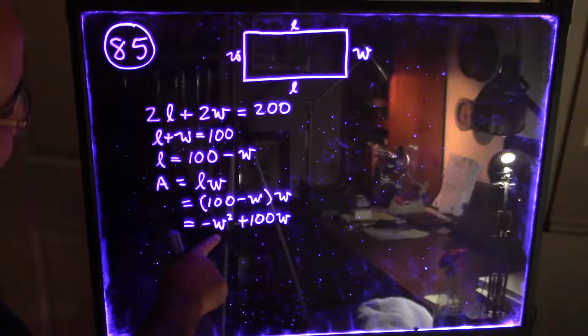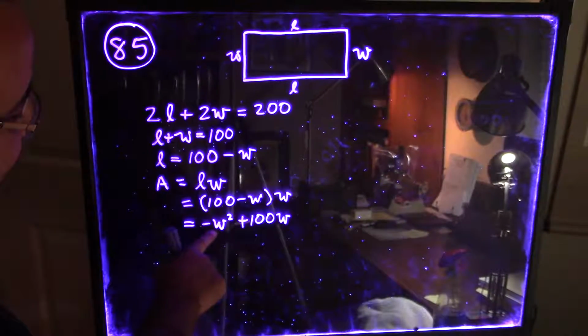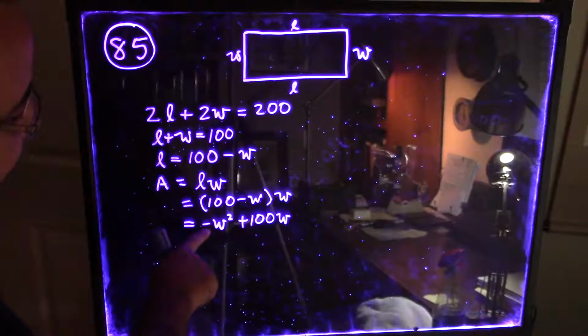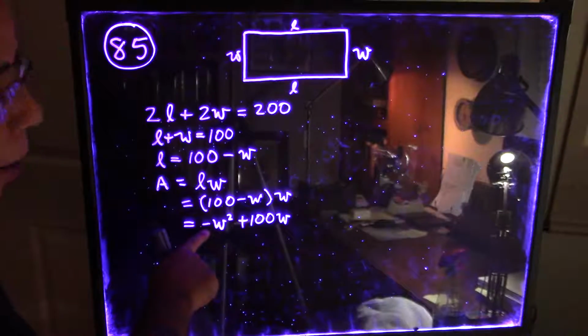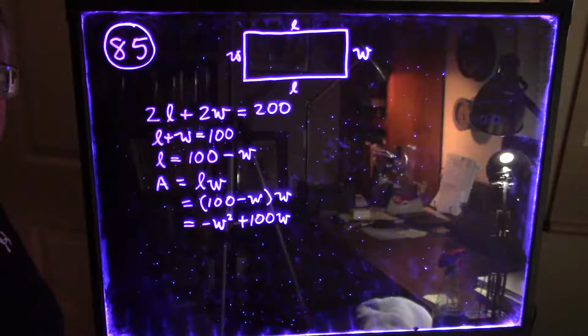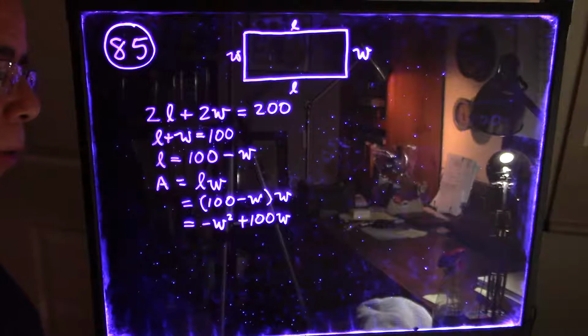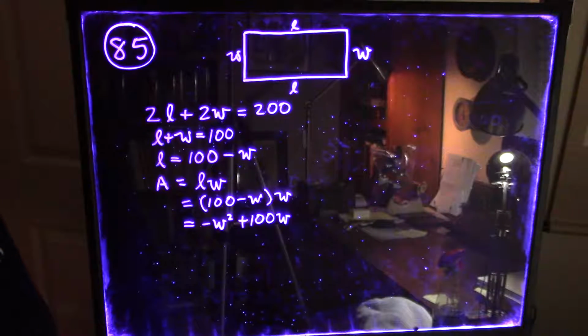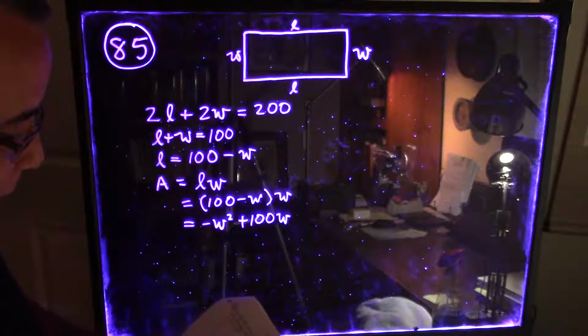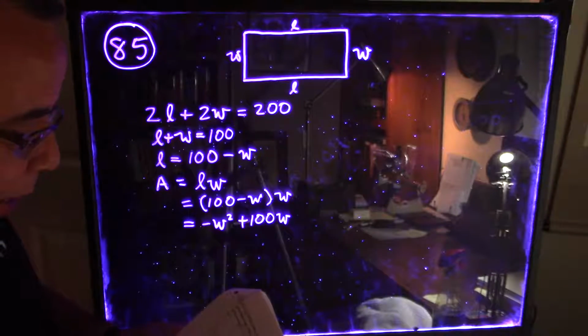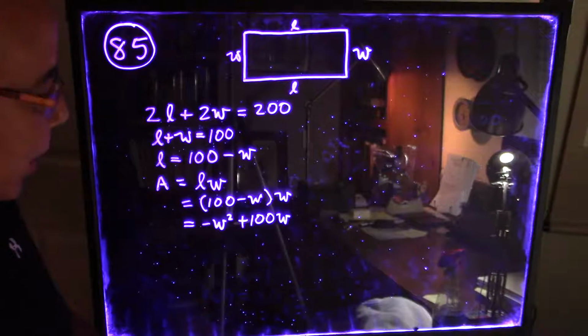The parabola opens downward because the leading coefficient is -1. So it's a negative, so it opens downward, which means the vertex will give you the maximum area, the y value at the vertex.